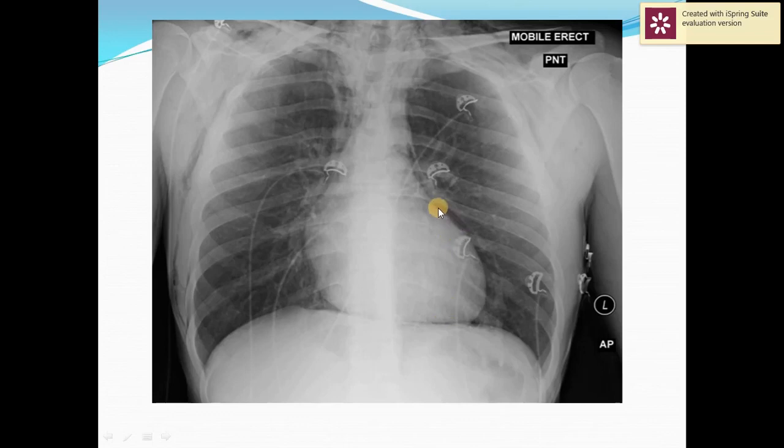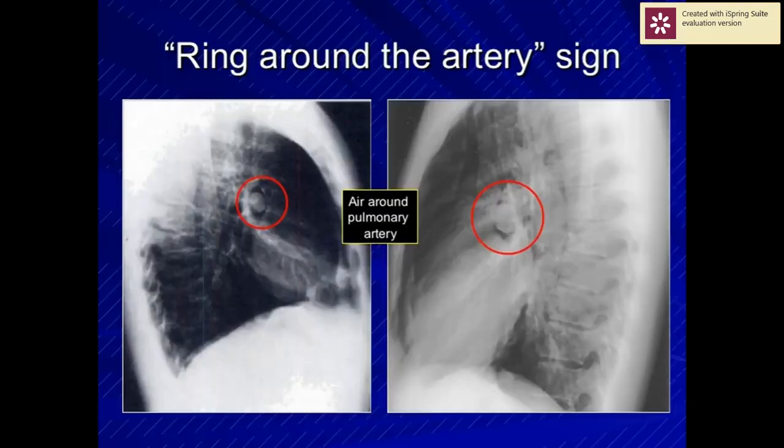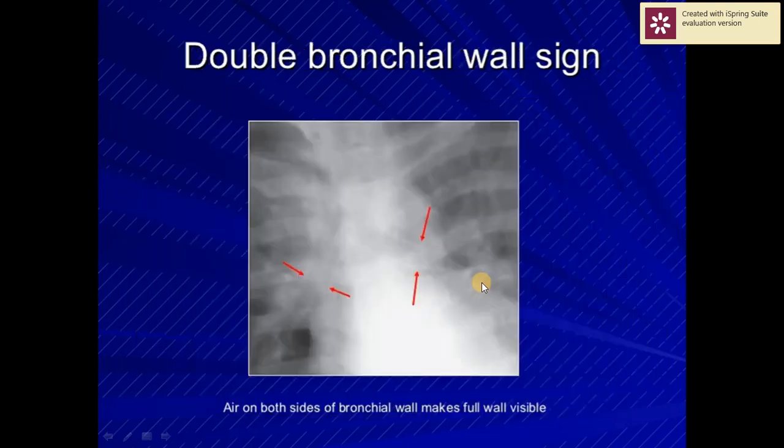There is double contour here, a pneumopericardium, and this is a case of pneumomediastinum. Ring around the artery sign in case of pneumomediastinum, when the air is around the pulmonary artery in the lateral view, and a double bronchial wall sign.